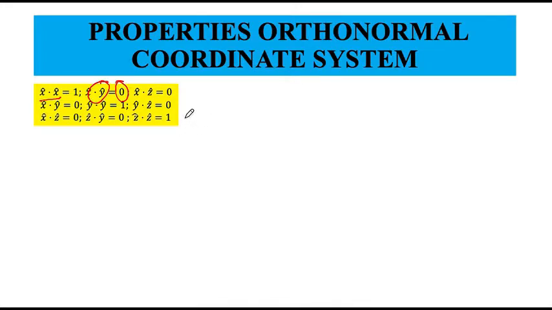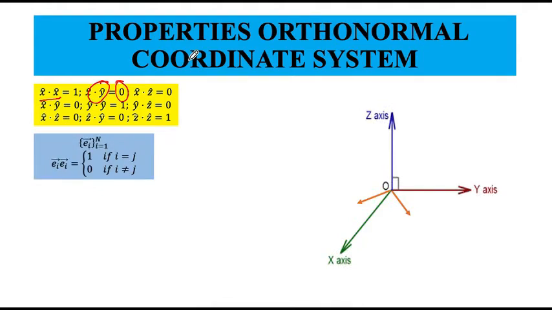So if you have a system consisting of e_i and e_j, then e_i dot e_j is equal to 1 if i equals j, and it is 0 if i is not equal to j. So you can see that other than the diagonal, everything is 0. Let us look at some examples of orthogonal systems.